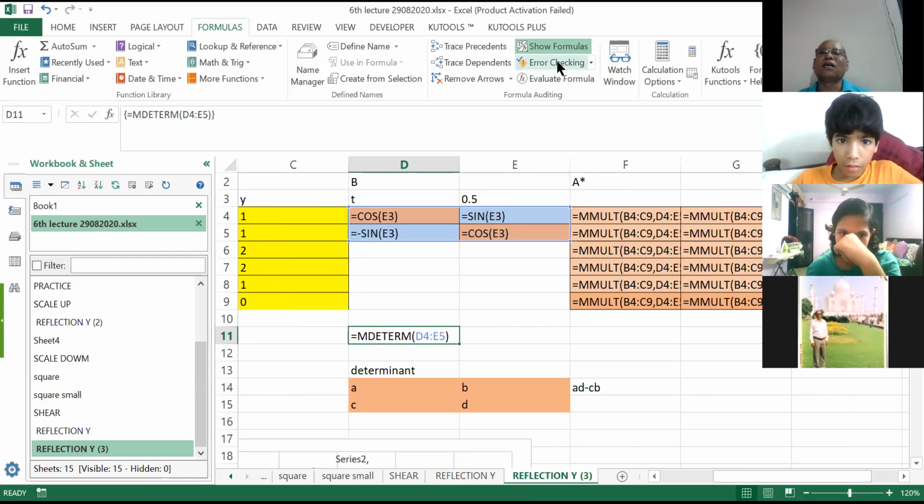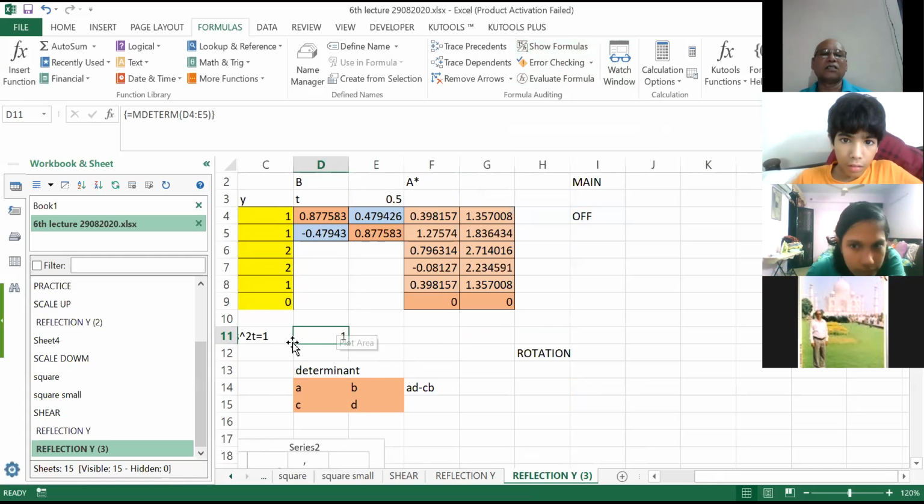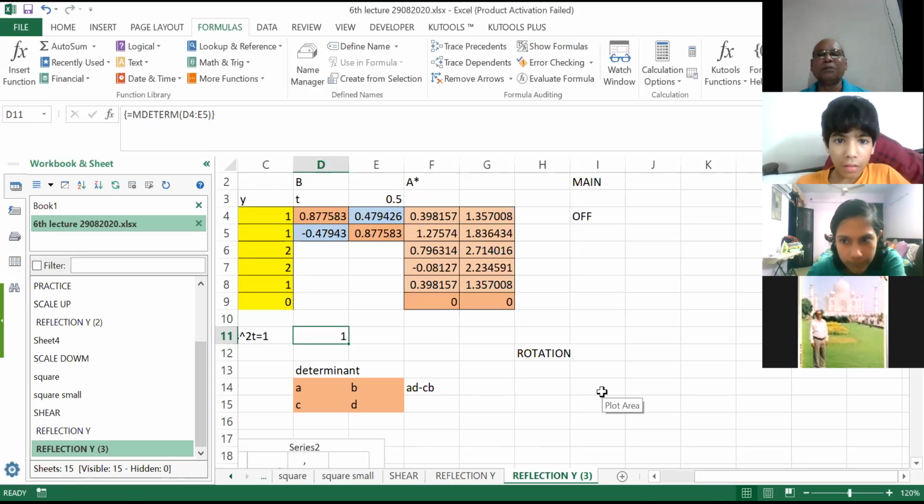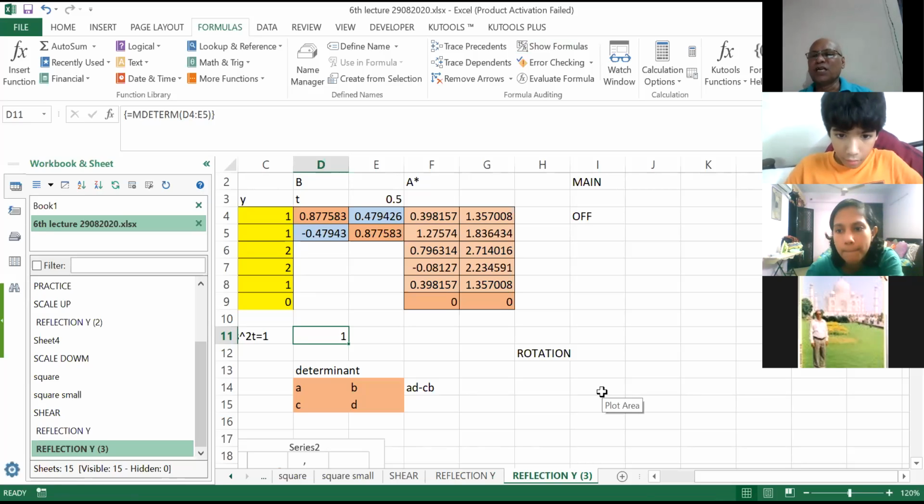If I close these formulas, you will see that this determinant is always 1. So when it moves, the determinant will be 1. Another thing it points out is that it will not change the shape. It will not enlarge, it will not shrink.